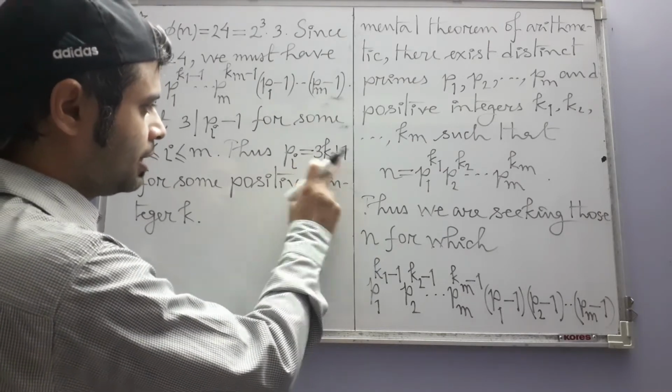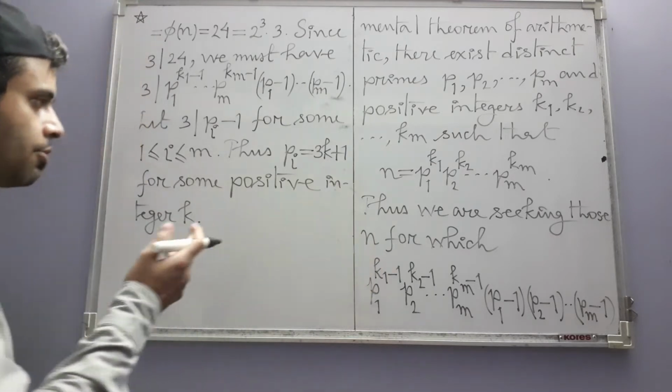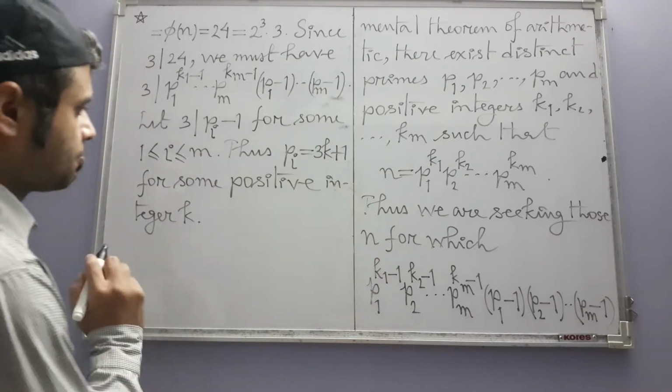If k is 0, pi is 1, which is of course not possible for any prime pi. So positive integer k.